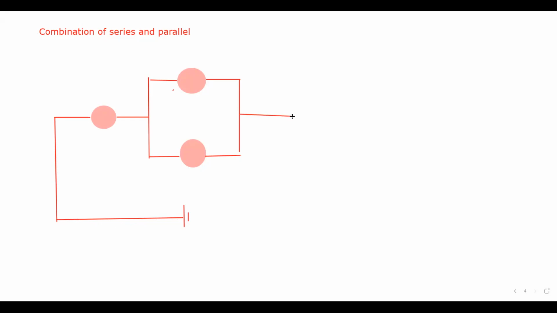This is a circuit which is a combination of series and parallel. So positive and negative. The charges, I will draw two charges because there's a parallel combination. So one coulomb of a charge cannot flow through each branch.